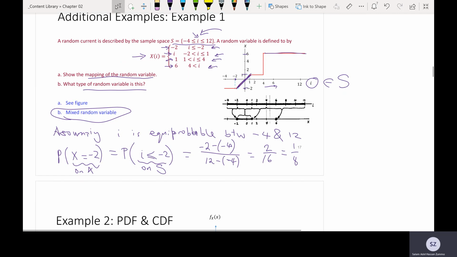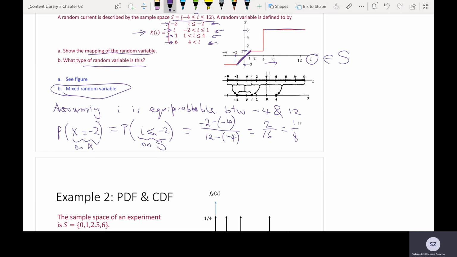Right, let's continue. What is the probability that x equals the next value? What values can x take? The next value? X cannot take just any value; x can take a continuous value, any value between minus 2 and 1, right?